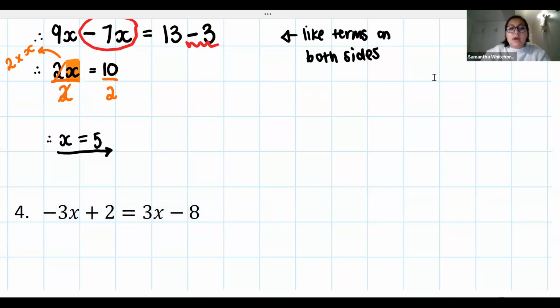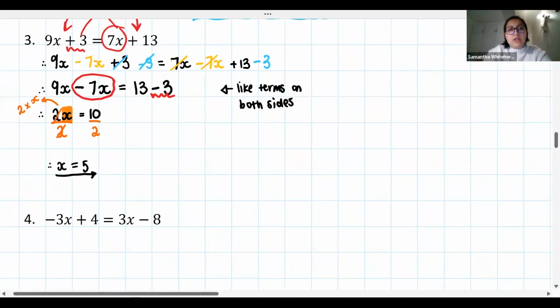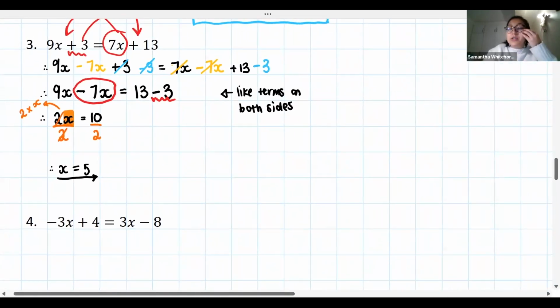Right, I want you to try question 4 by yourselves. I just don't want to give you anything too mean, so let's change that to a +4. I'm going to make that a bit smaller so you can see exactly what we did in question 3, and I want you to apply that same method to question 4 here.